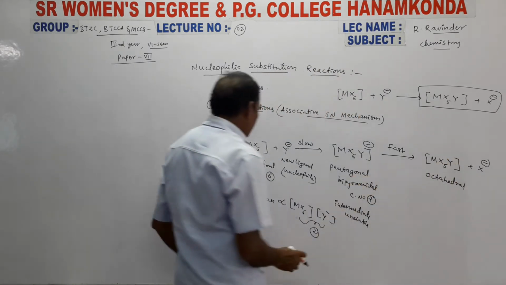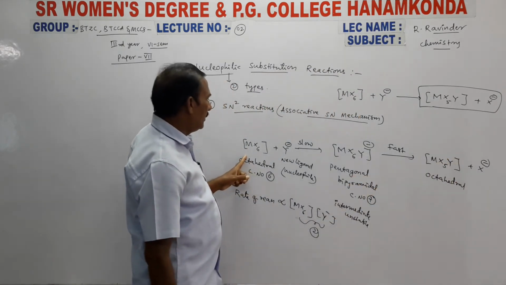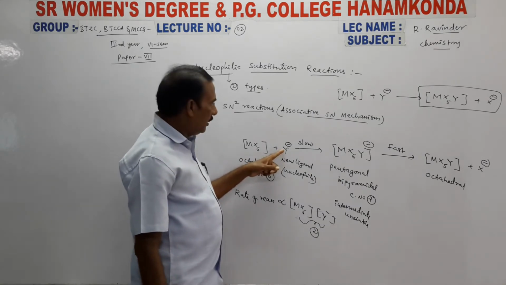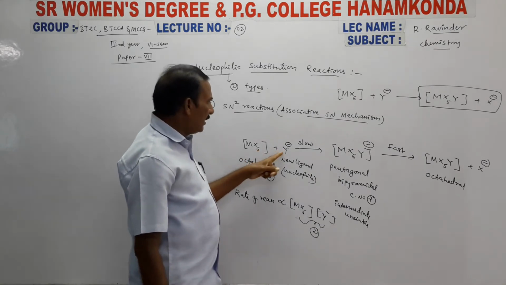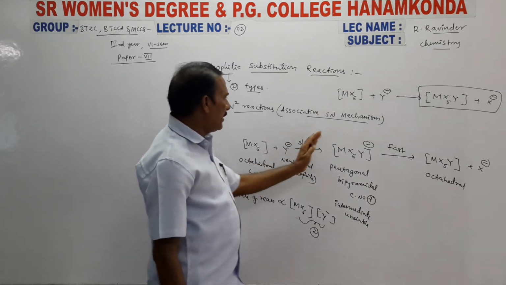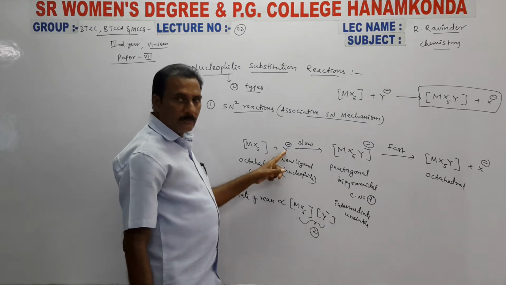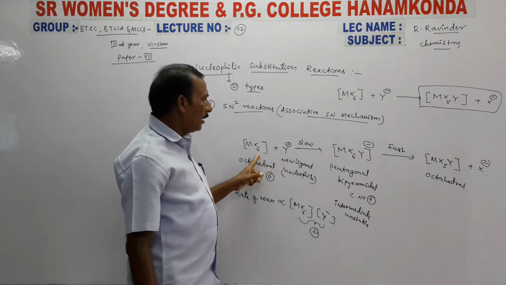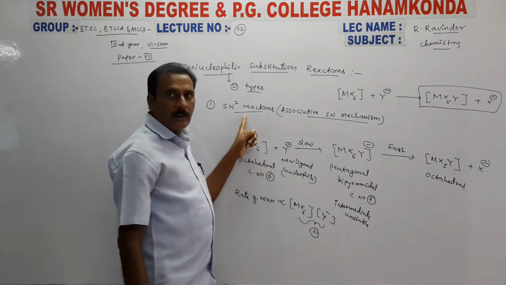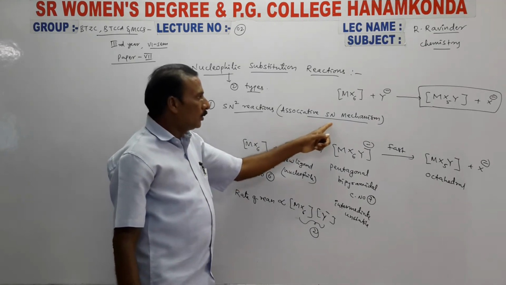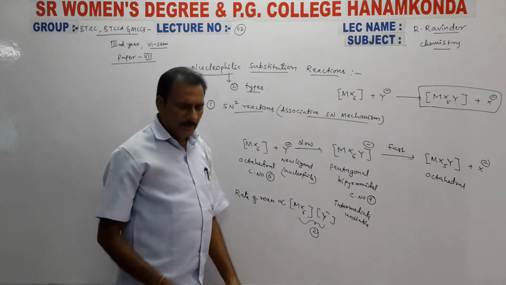This is the reaction. In this reaction, the new ligand associates first, before the slow step. The new ligand first associates with the octahedral complex. That's why the SN2 reaction mechanism is called the associative nucleophilic substitution reaction mechanism.